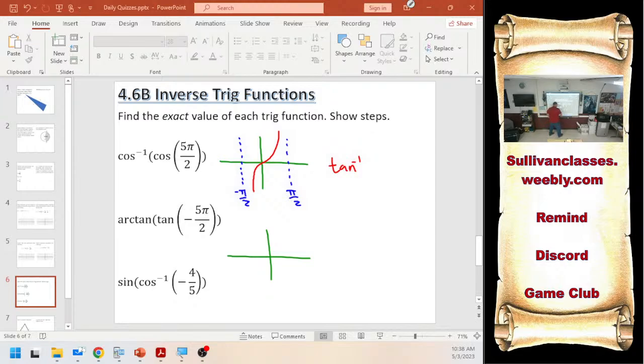I had told you yesterday that arc cotangent is just 1 over arc tangent. And that is true. But we have to remember where cotangent exists. Because cotangent, if you remember from video day, has asymptotes at 0 and pi.